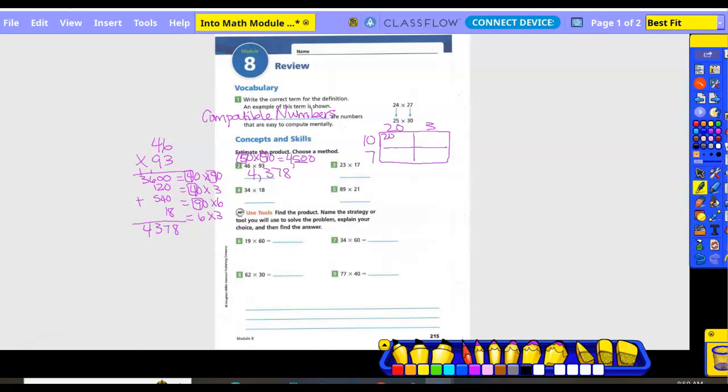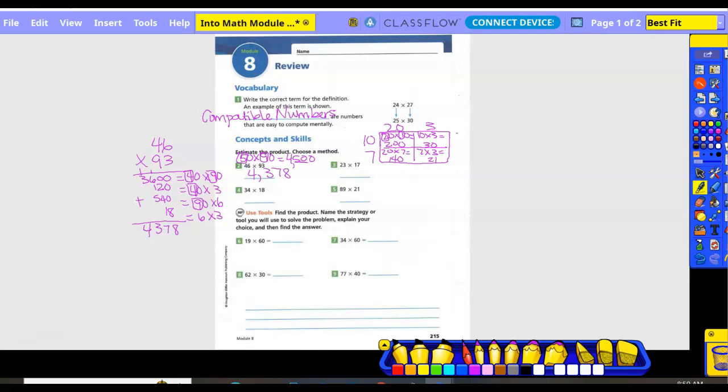This box would be 20 times 10, which is 200. Okay. This box is 10 times 3, which is 30. This box is 20 times 7, which is 140. And this box is 7 times 3, which is 21.